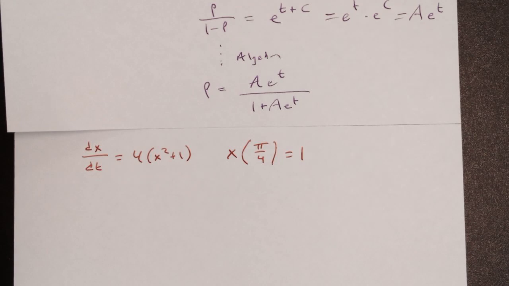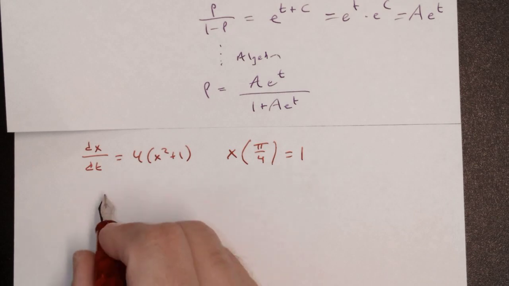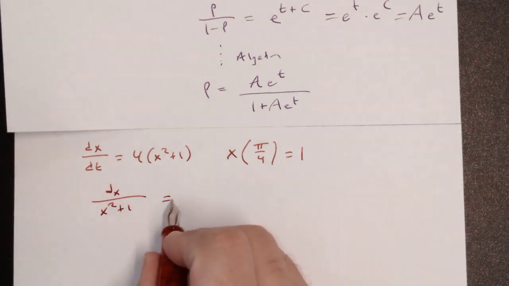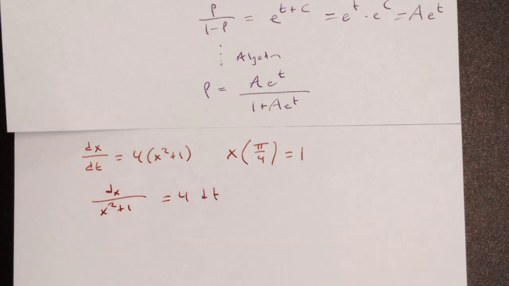I know I need to move the x squared plus 1 from the right side to the left side. What do you want to do with the 4? Move it over or leave it on the right? You can do it either way. Okay, if I do that, then I get dx over x squared plus 1 equals 4 dt.